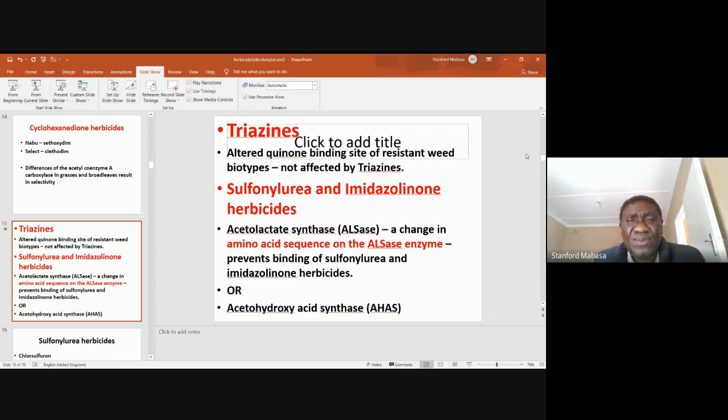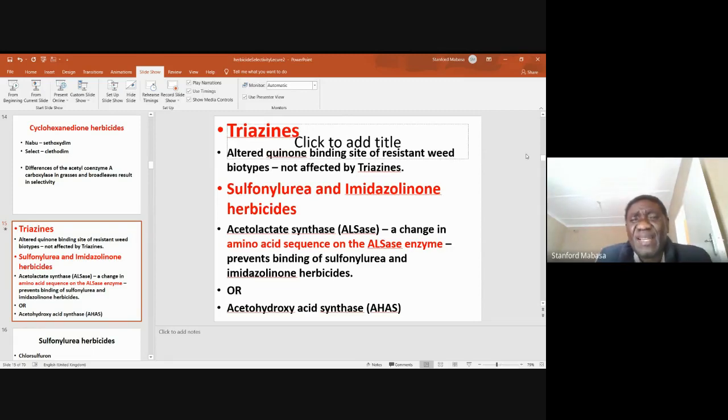Now, coming to triazines, we said that things like atrazine may combine with the enzymes and produce phytotoxicity.